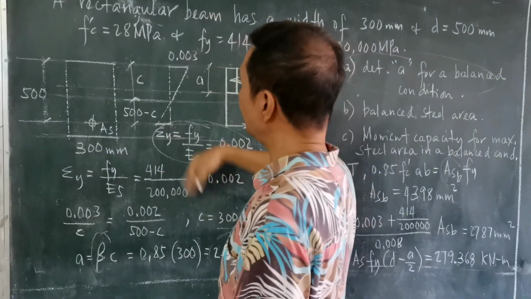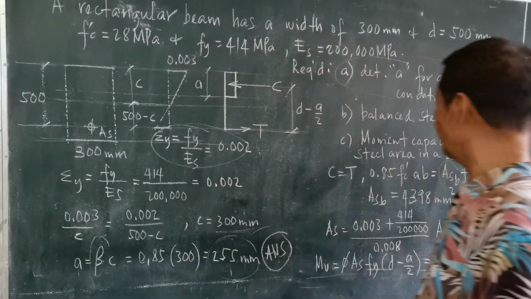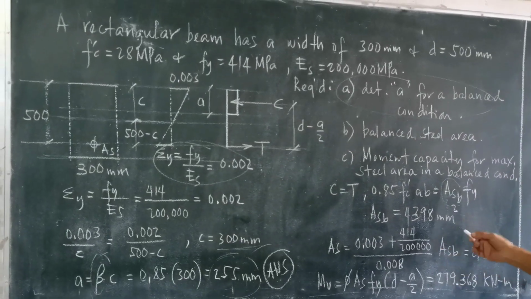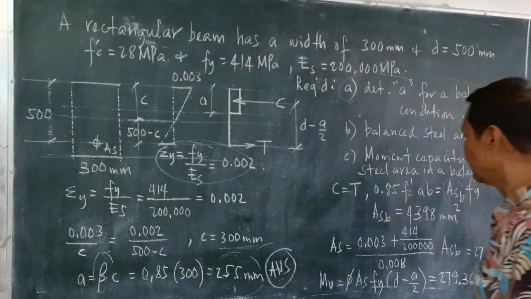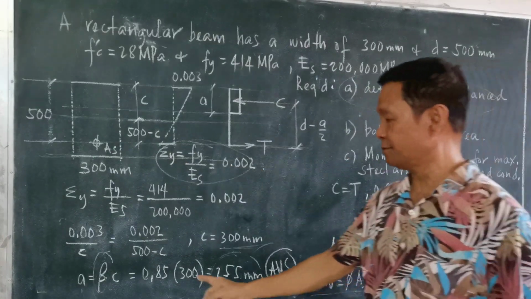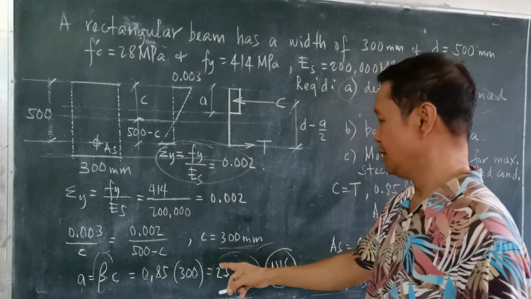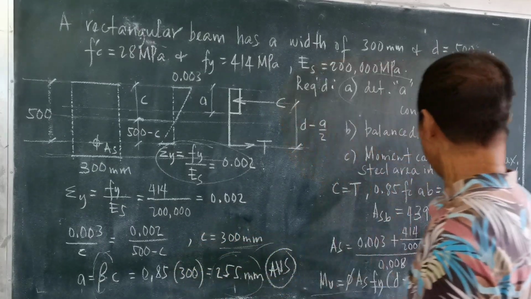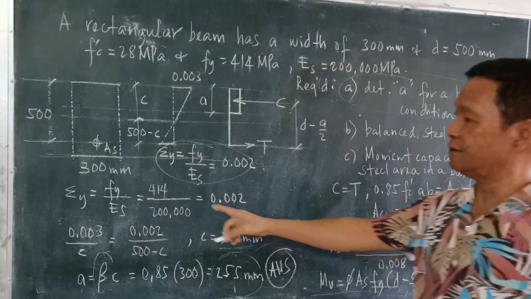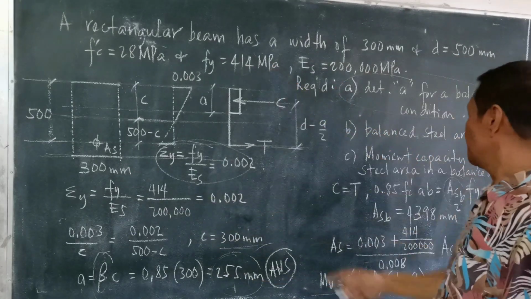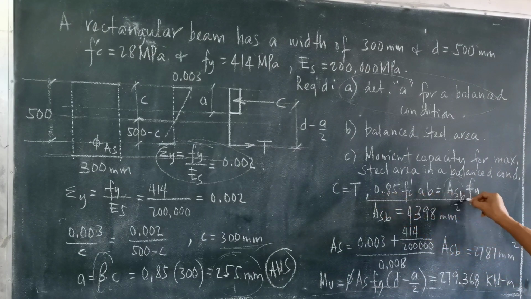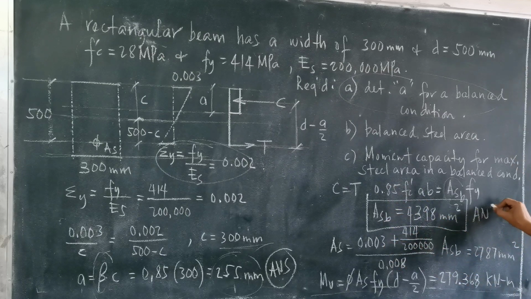Then it means that our figure is in a balanced condition. So substituting all values, f prime c is given, our a is already known, our base is 300, and our Fy is 414. So we can already compute the area of steel in balanced condition. So this is now your answer in requirement B.